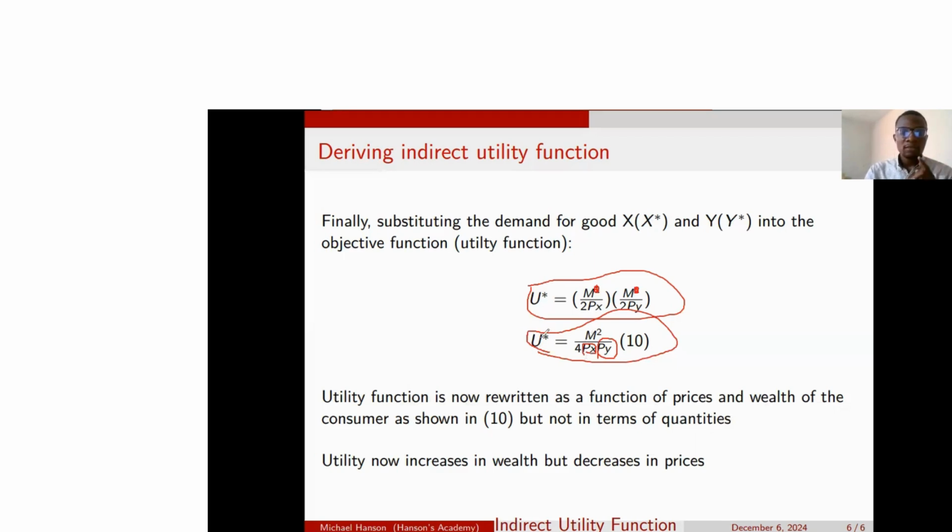However, total utility can be positively affected by wealth. The wealthier a consumer becomes, the more he's able to buy goods and services, then the more satisfaction he can derive. However, the higher the prices of goods and services, the lesser the wealth, then the lesser the utility that could be achieved indirectly. So we are saying that a utility function is now written as a function of price and wealth of the consumer, but not in terms of quantities as shown in the direct utility function.